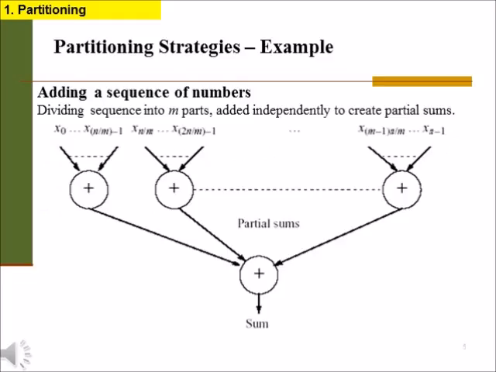Suppose a sequence of numbers x0 to xn minus 1 are to be added. We might consider dividing the sequence into p parts of n divided by p numbers each: x0 to x(n/p) minus 1, then x(n/p) to x(2n/p) minus 1, and so on, as you can see in the diagram.